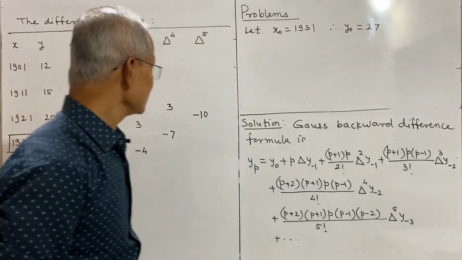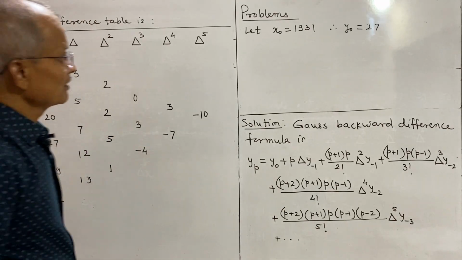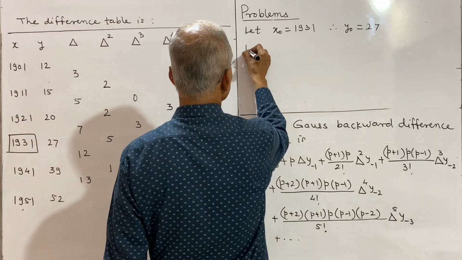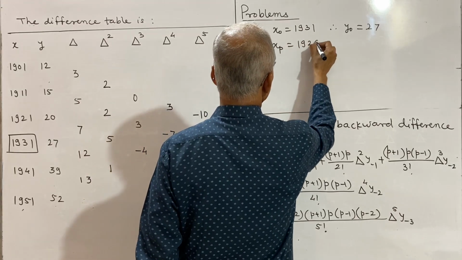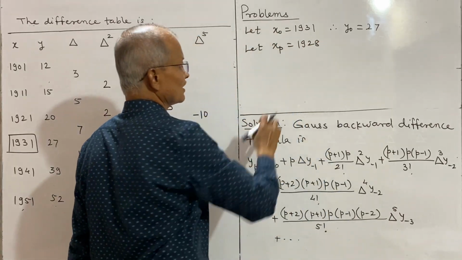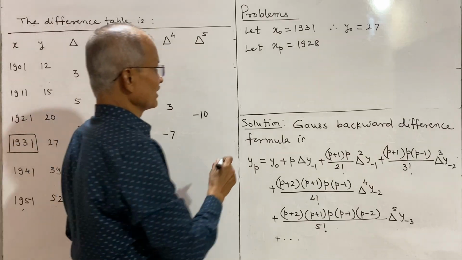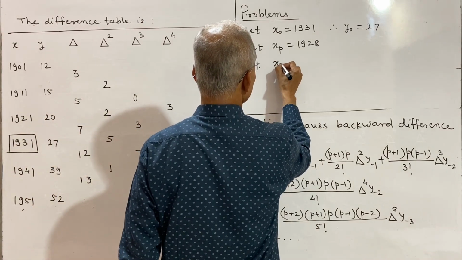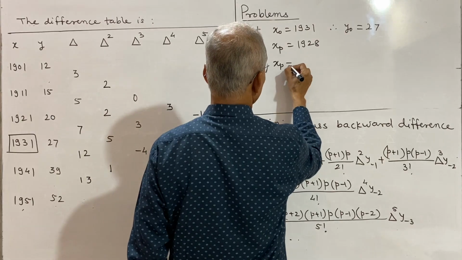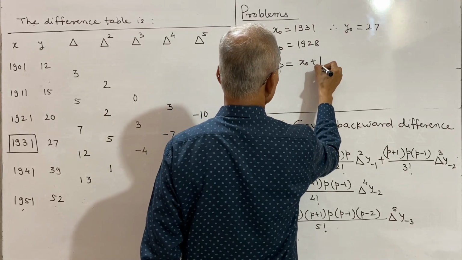We have to remember this unit is in thousands, and xp is 1928, the year whose population we have to obtain. Therefore xp is equal to x naught plus ph.